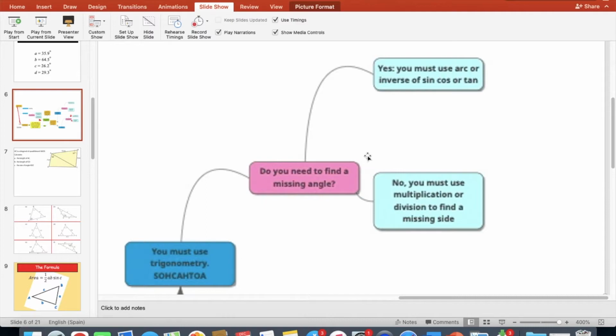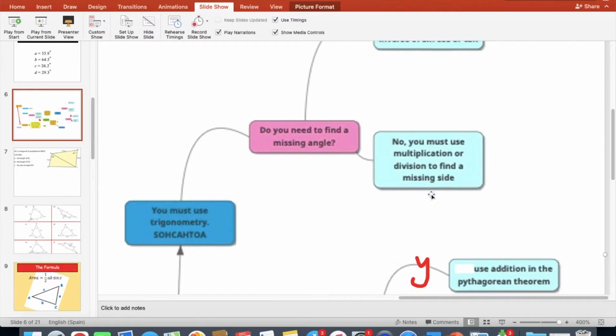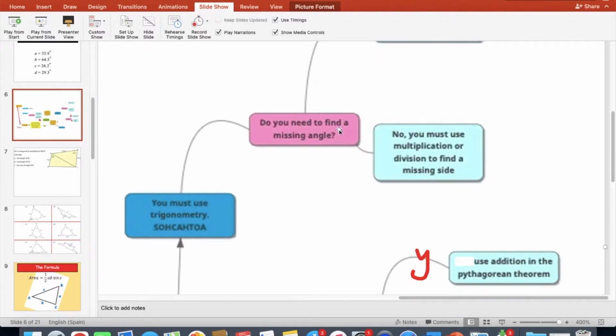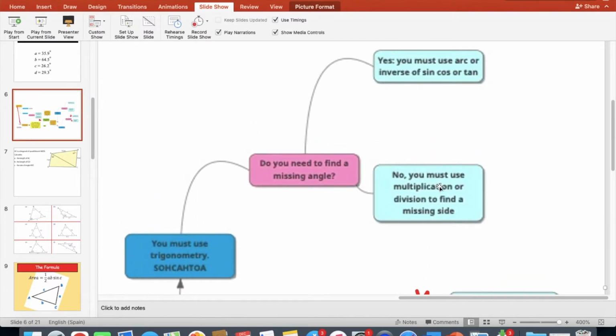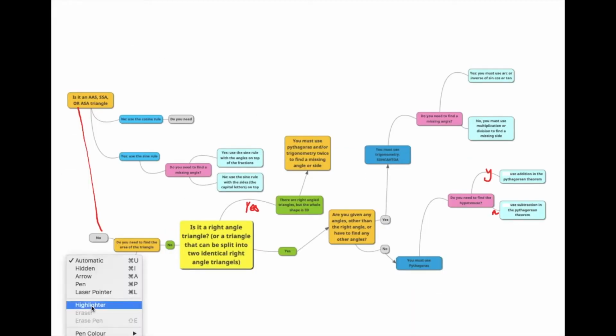First of all, if you are finding the missing angle, you are going to use inverse or arc. Whereas if you are not finding the missing angle, you are going to use multiplication or division to find the missing side. So let's just add a final bit of information, yes and no, which would be here.